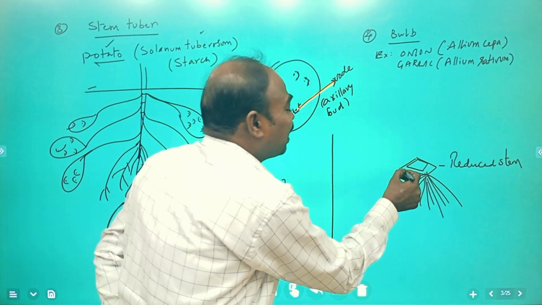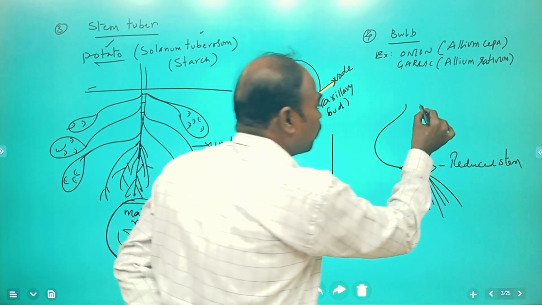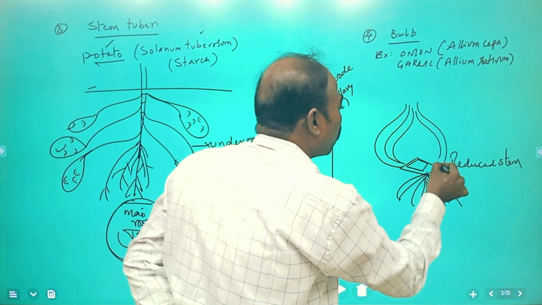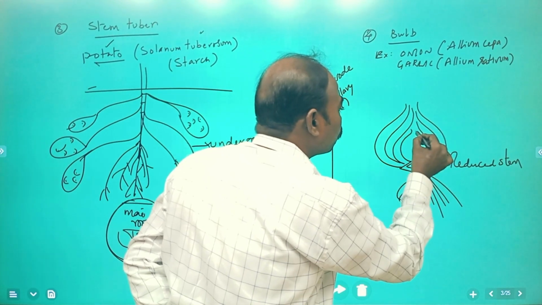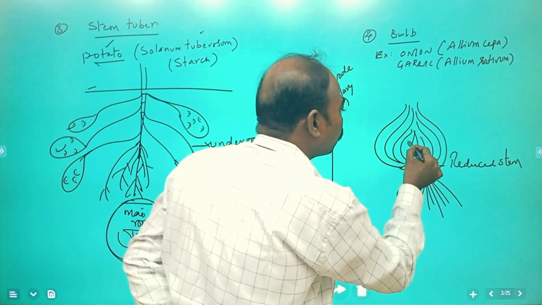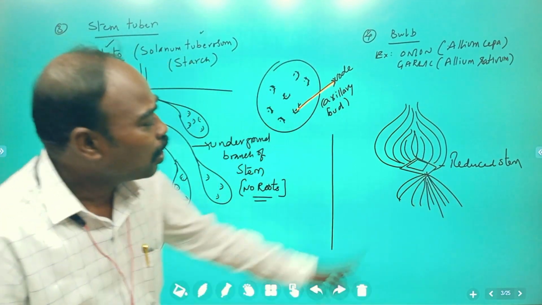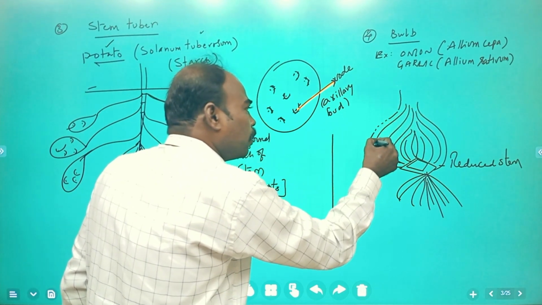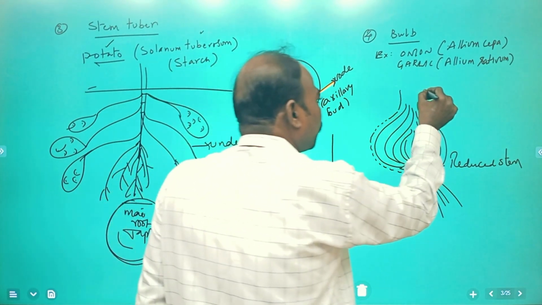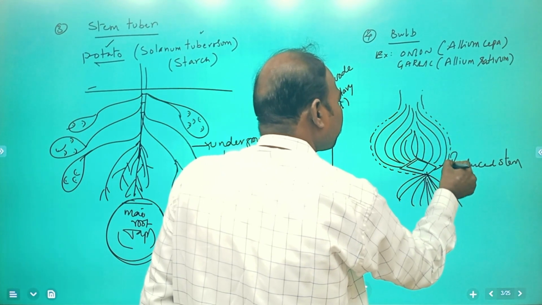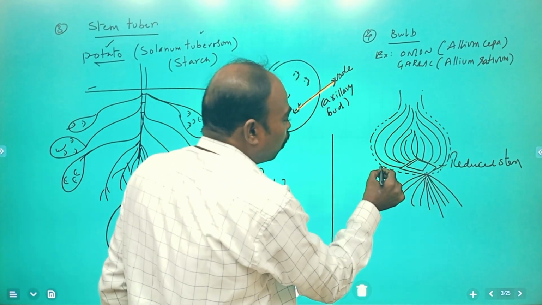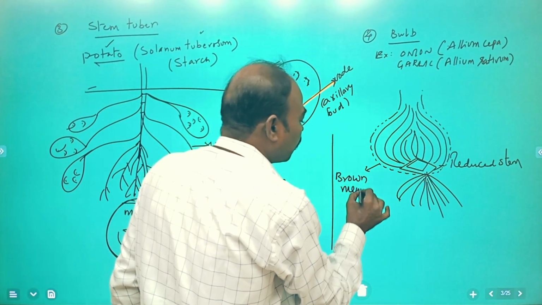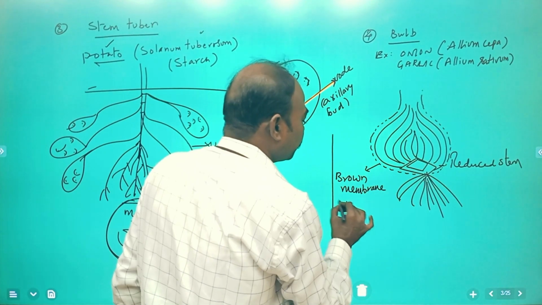Towards the aerial side, a number of leaf bases are developed. These leaf bases are arranged in concentric rings and covered by a brown membrane called tunic.